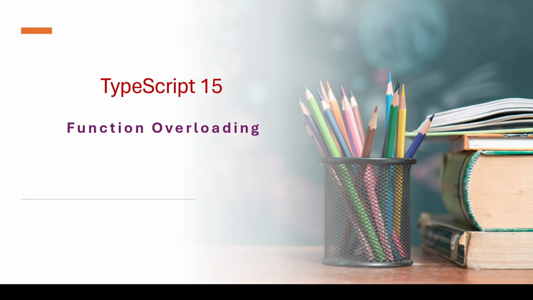So when we have a requirement to use our method with a different signature, meaning I don't want to change the name of the method, I should keep only one name, but I should be able to call that method with a different signature, either by changing the number of parameters or by changing the data type of those parameters. That possibility is called function overloading.